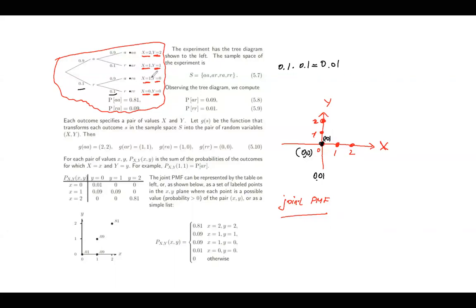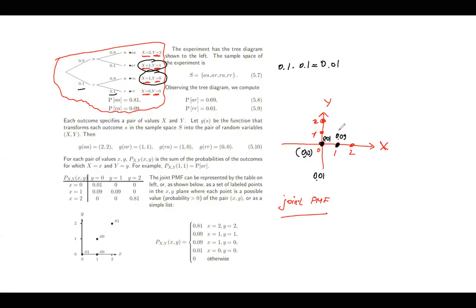Next, we look at 1, 0. So 1, 0 is going to be 0.1 times 0.9. So it's going to be 0.09. Next, 1, 1.